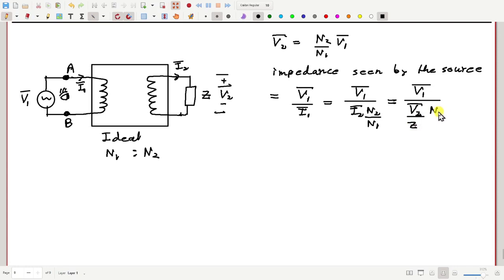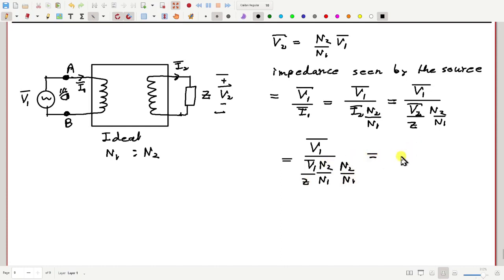Here we have N2 by N1. So then V1, and in place of V2 below, I can write V1 N2 by N1, and this Z is here, one more N2 by N1.